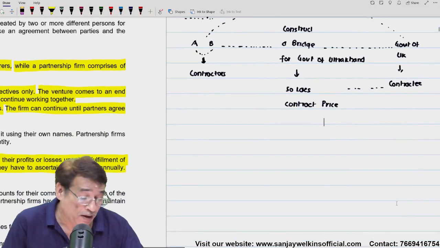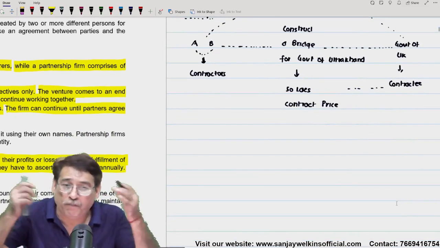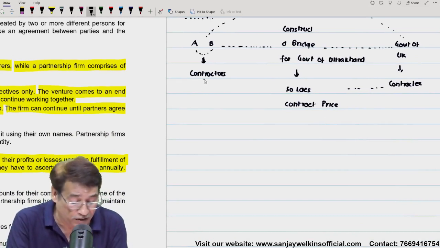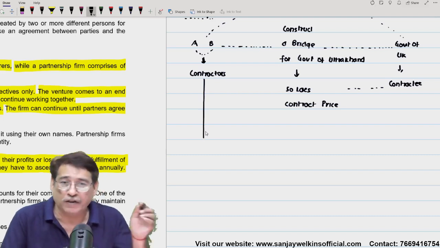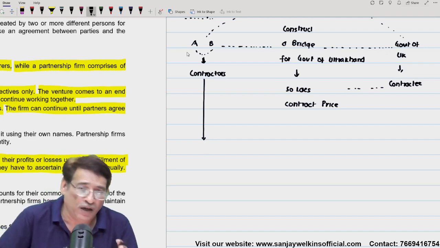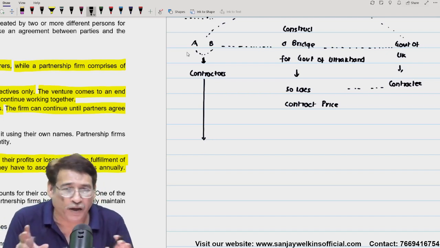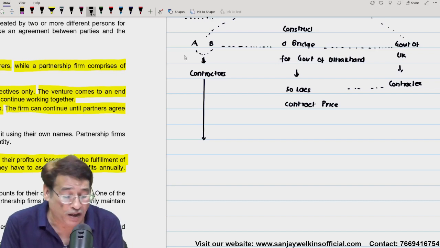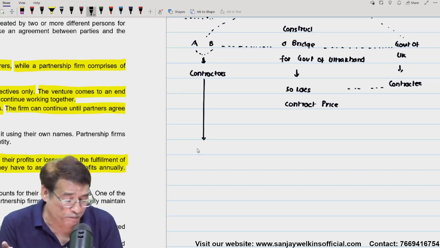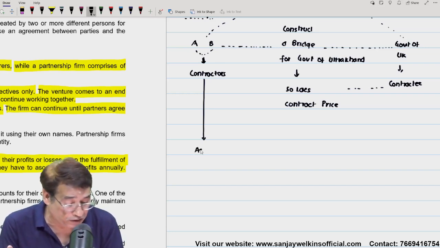Now, let us say A and B are very big contractors, and in order to keep their accounting, they have taken the services of an accountant. That means neither A nor B is keeping any records. On behalf of their venture, a particular accountant is keeping the books.